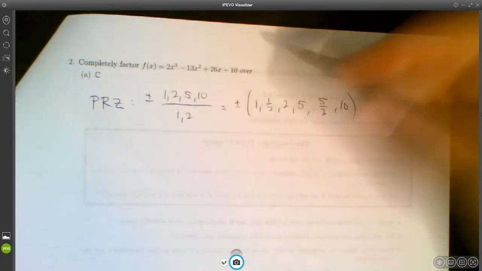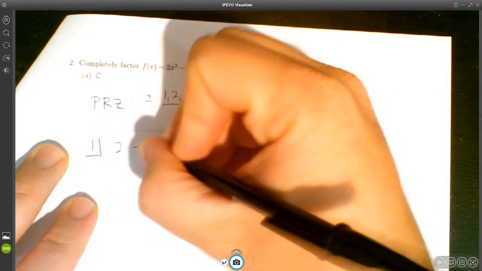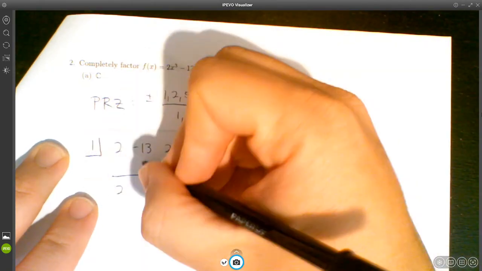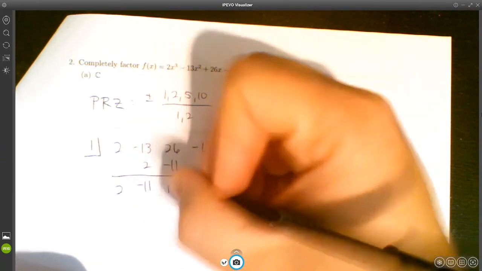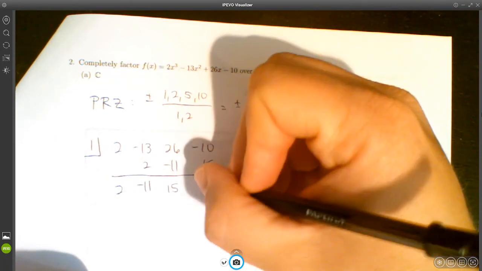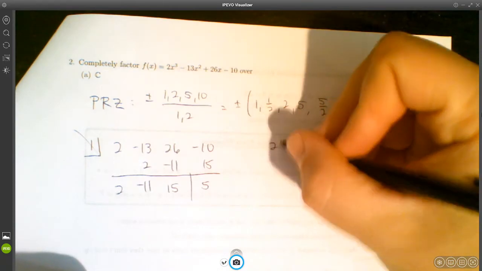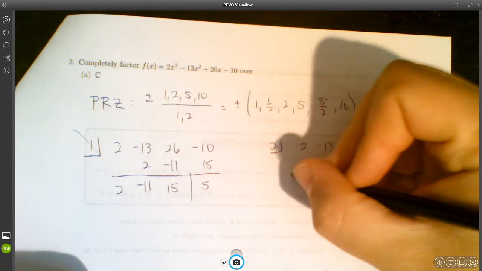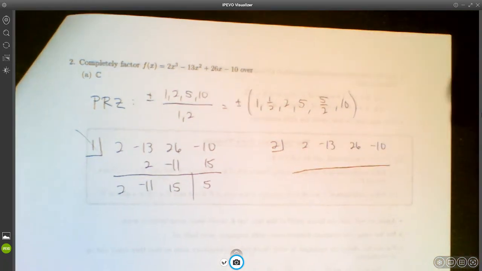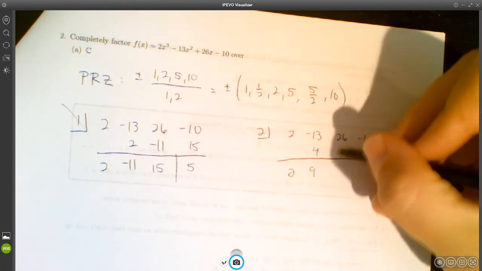So I'm going to start with 1: 2, negative 13, 26, and negative 10. It's 2, 2, negative 11, negative 11, 15, and 5, so that doesn't work. What about 2? Let's try 2. I should maybe write smaller because I think I'll run out of room. 2, 4, 9, 18.